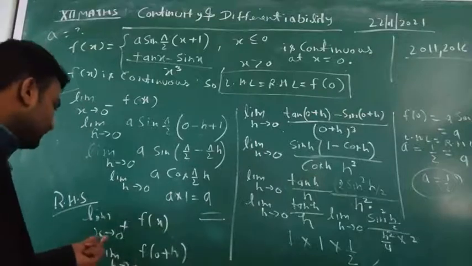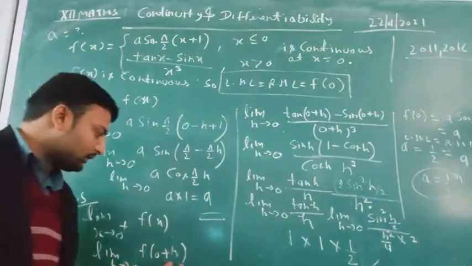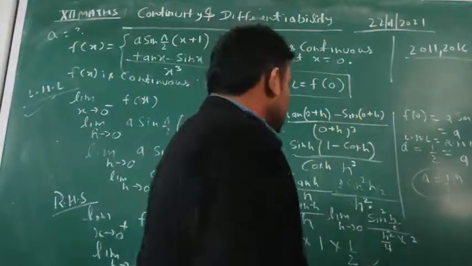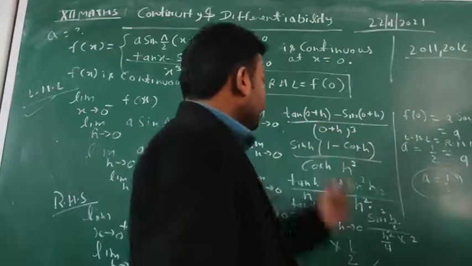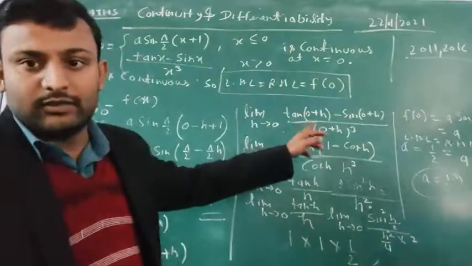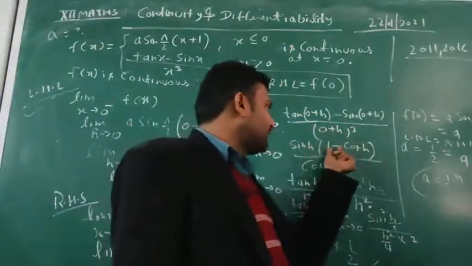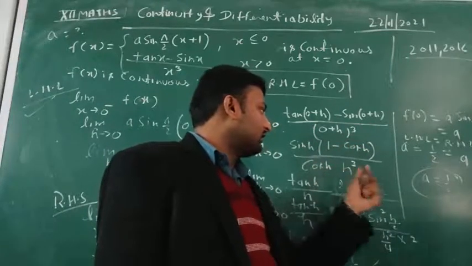Now right hand limit, limit x tends to 0 plus f(x), that is limit h tends to 0 f(0 plus h), which is tan(0 plus h) minus sin(0 plus h) by (0 plus h) whole cube. Now we are changing this tan theta into sin by cos, and taking sin h outside, we are getting (1 minus cos h) by cos h, and h cube.